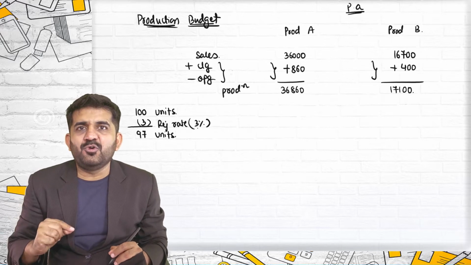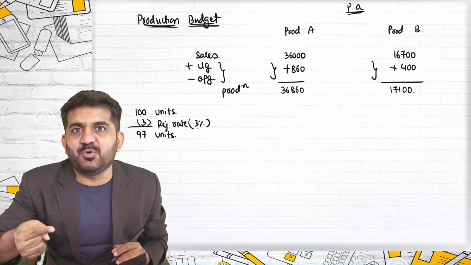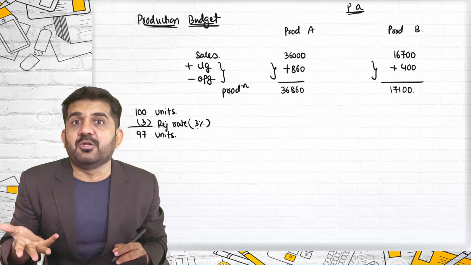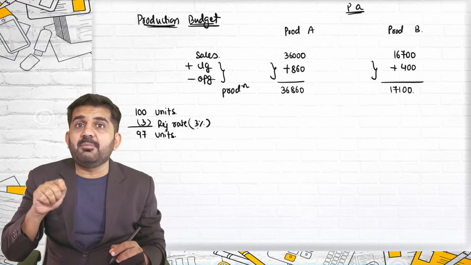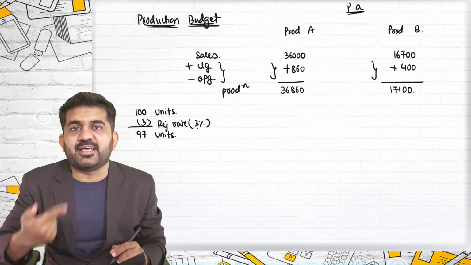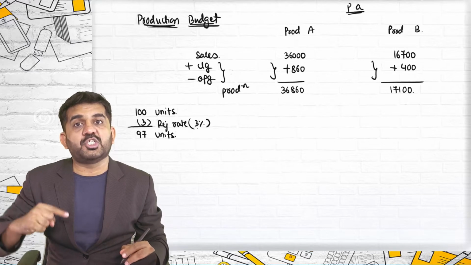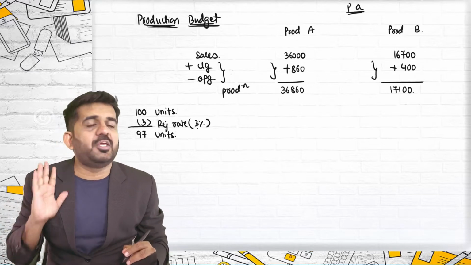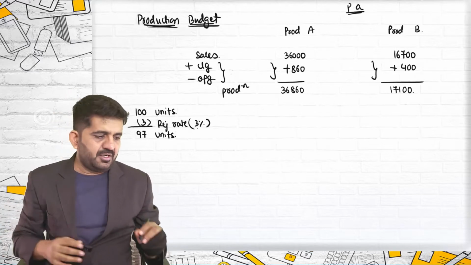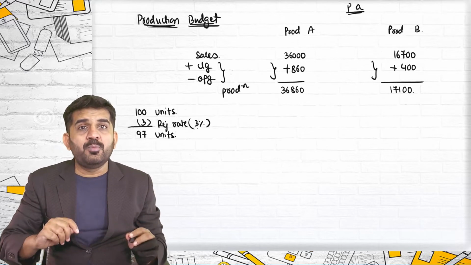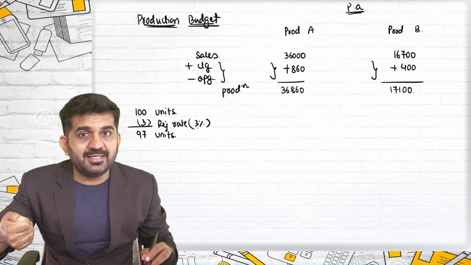So, to actually manufacture and sell 97 units, you will have to manufacture 100 units because 3 units will be rejection per 100 units.